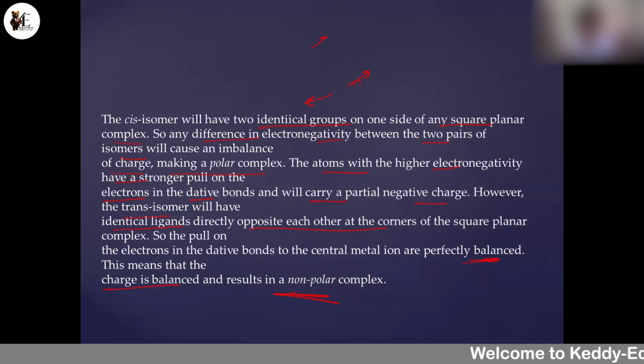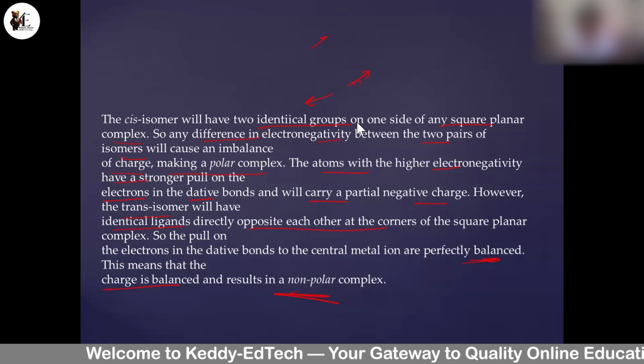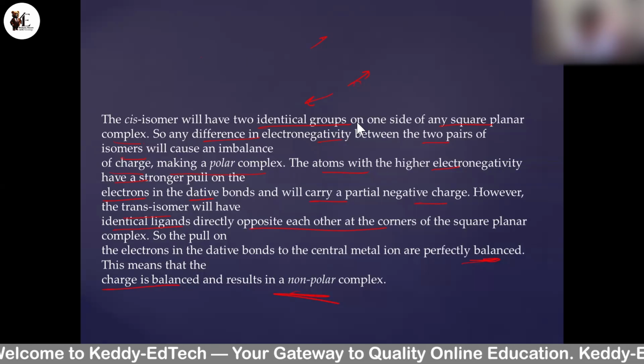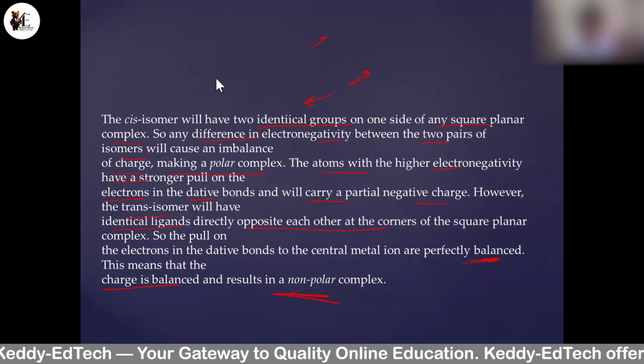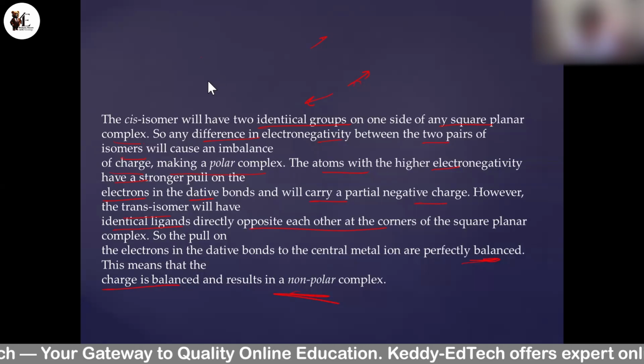Ma'am, can you tell how to form the formulas for those complex ions? How do we write the formula for the ions?